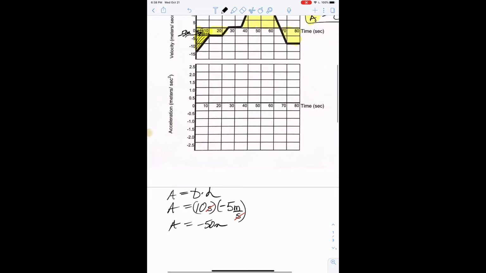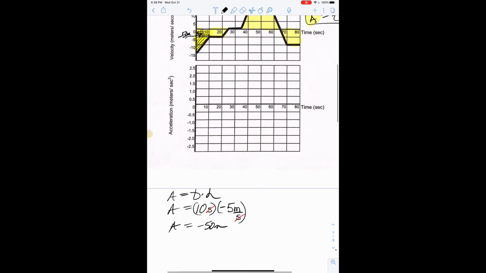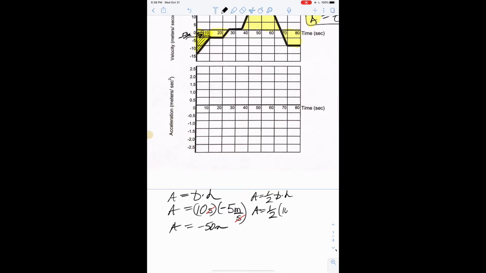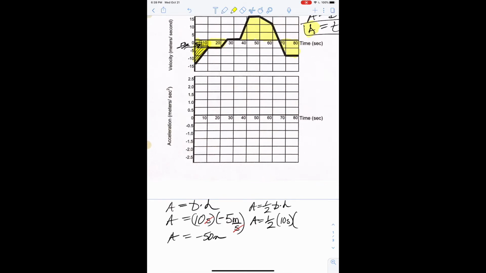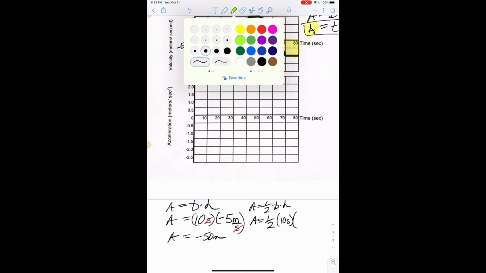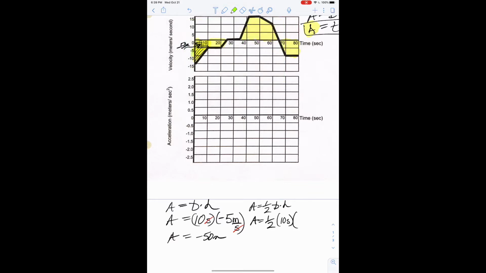All right, and then that triangle that's underneath it, area is equal to 1/2 base times height. Area is equal to 1/2. Base here is still 10 seconds. Height goes from negative 5 to negative 15. Can you see that? Let me highlight that in green maybe.